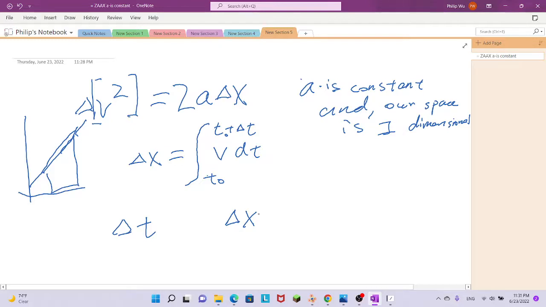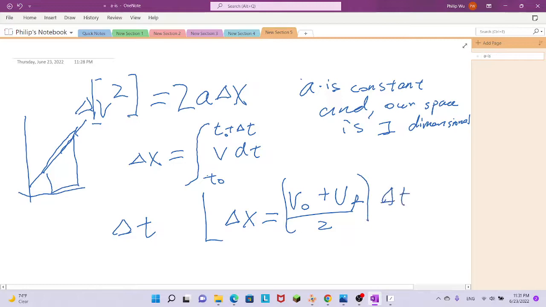Since our assumption is that acceleration is constant, velocity is a straight line, and that means our integral is just the formula for a trapezoid. So change in x equals the initial velocity plus the final velocity, divided by 2, times delta t.